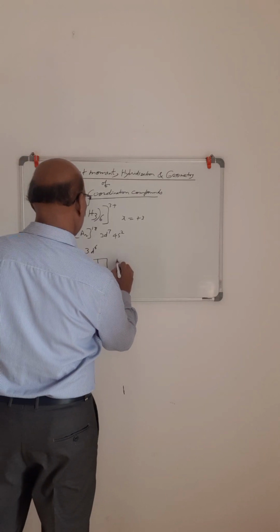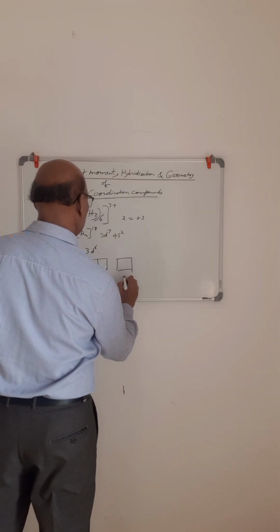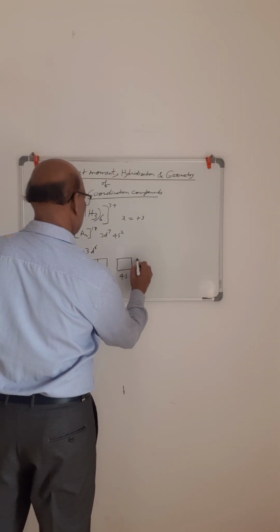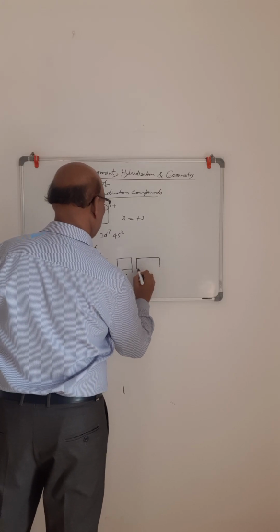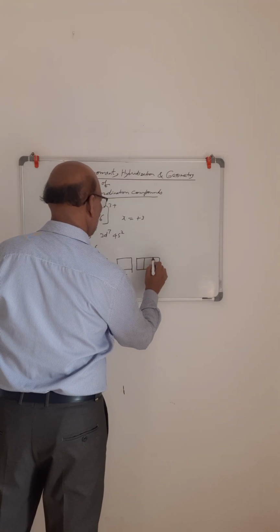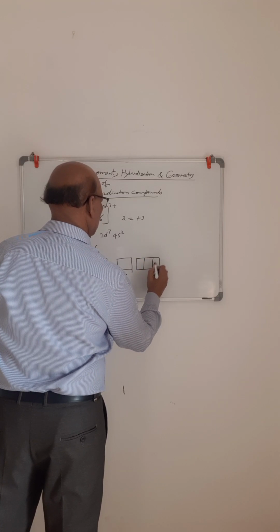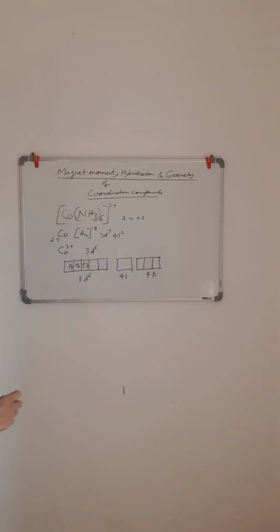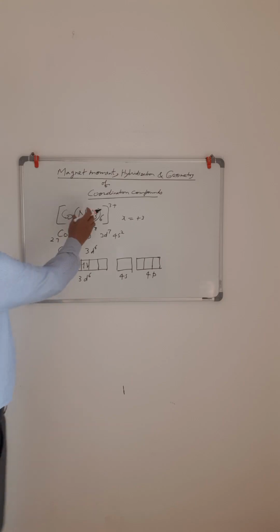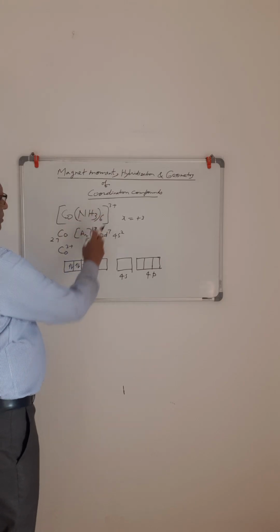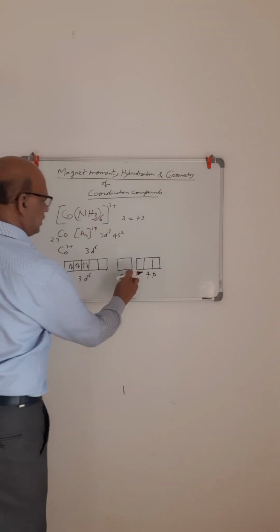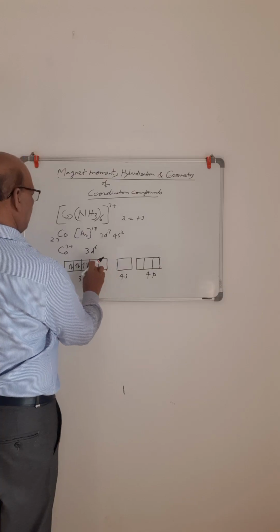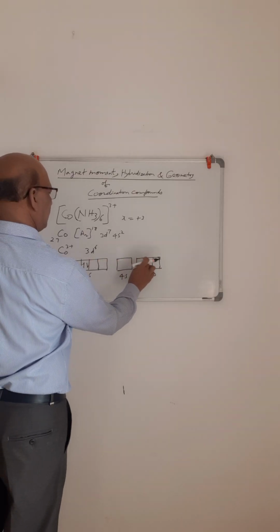Then this is 3d, then we have the 4s of nearby energy and we have the 4p of nearby energy. So we need the 6 empty orbitals for coordinate bonds. So we have 1, 2, 3, 4, 5, 6.